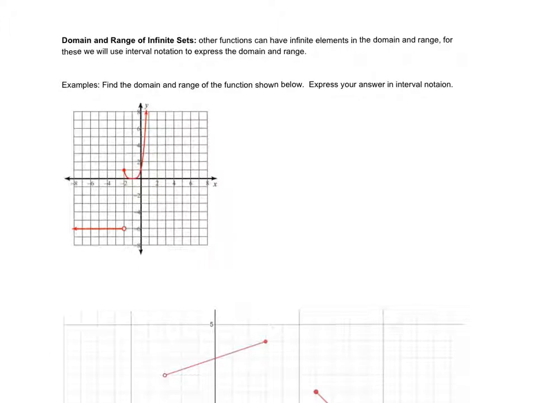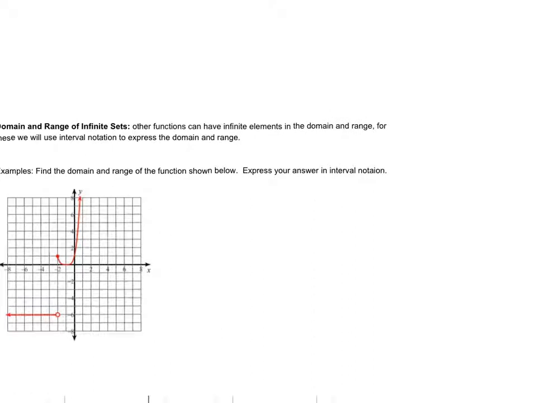So now when we're looking at the domain and range of infinite sets, there are infinitely many points. These are a lot of the times expressed as graphs. So if you think about a line from algebra, if I just do some linear equation, then all these points on this line are solutions to the equation, so they're part of the function or the relation.